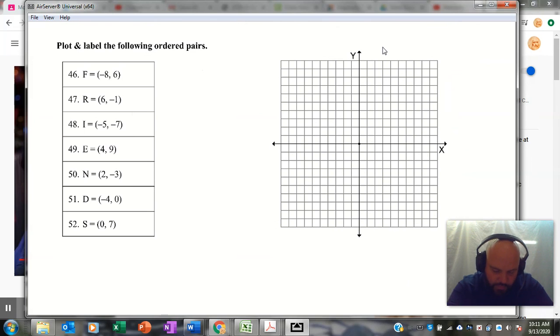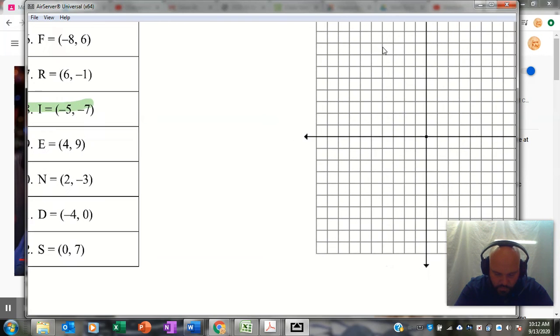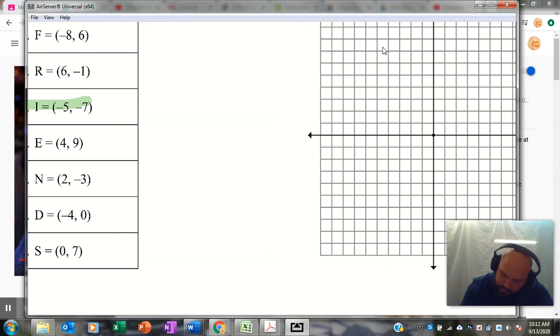It says plot and label the following ordered pairs. I'm going to pick number 48. I'm going to do point I. Number 48 says -5, -7. Zooming in here a little bit so I can see, we're going to start right here at the origin. That's where you always start when you count out your ordered pairs. We need to go -5, 1, 2, 3, 4, 5.